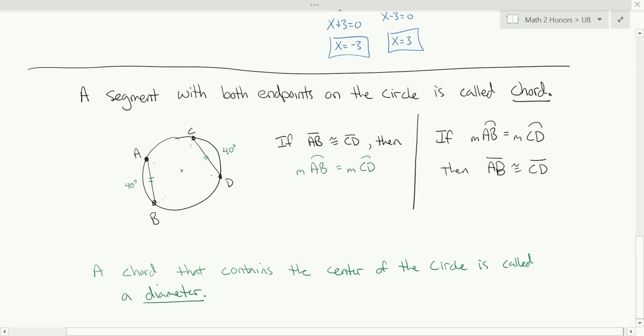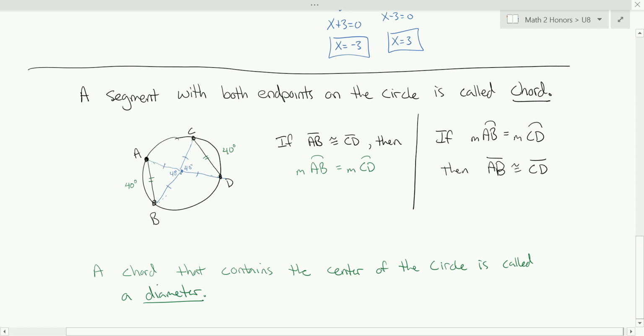So here's the center of the circle. So because those are 40, these would be 40, right? That's the measure of your arc is equal to the measure of the central angle. And then these are all radii, all congruent to each other. And so the two triangles would be congruent by what now?